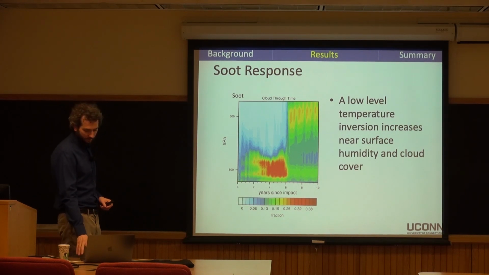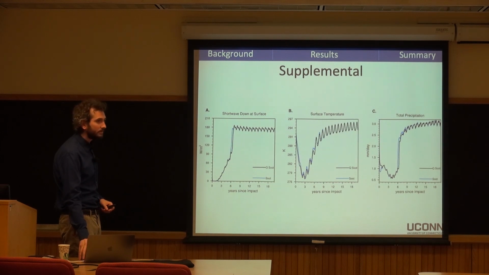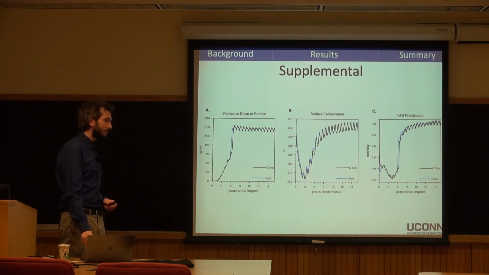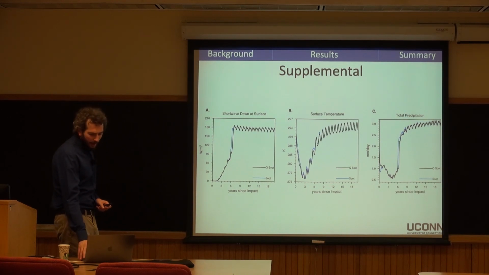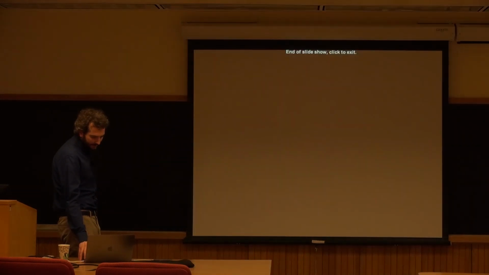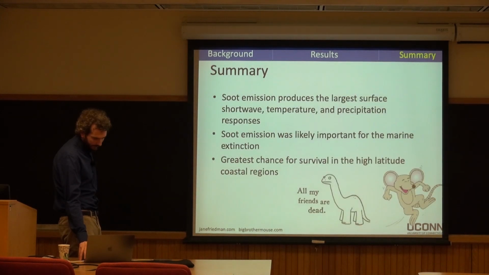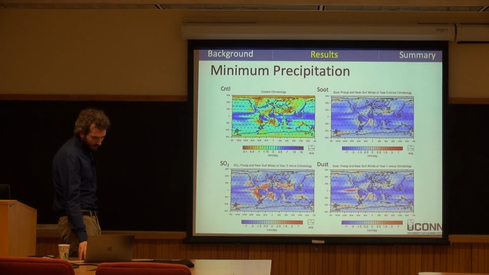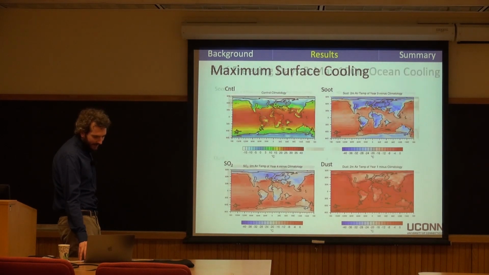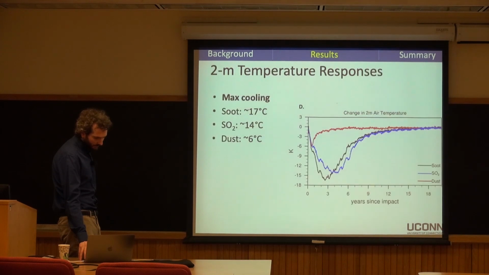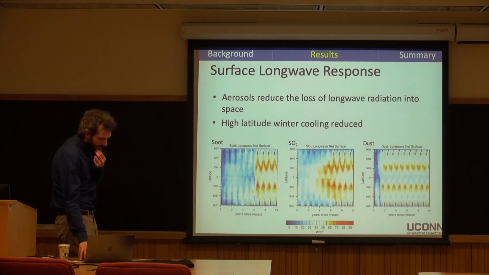I'm wondering about the light dimming on a latitudinal basis. Did you have that? I don't think I have that one here, but maybe you could just say what you remember. So it doesn't take very long for it to reach the whole globe.